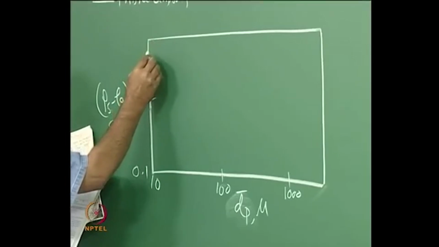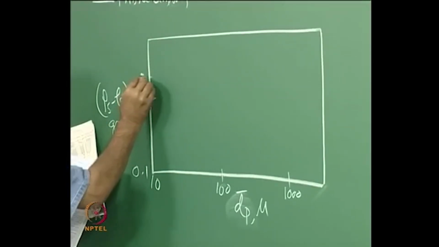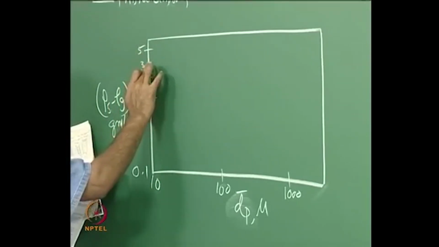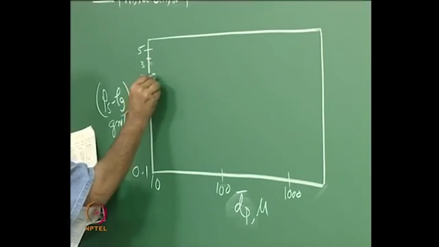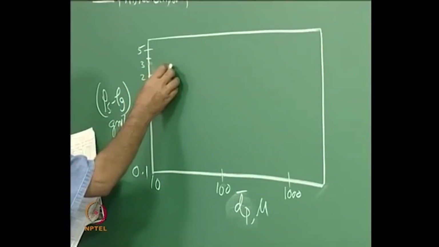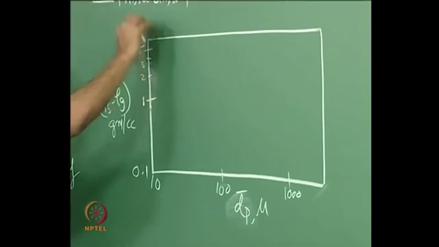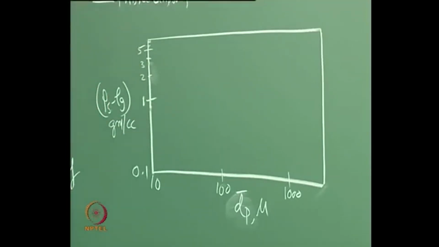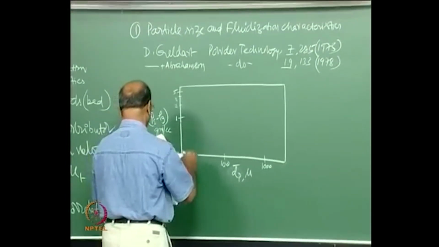So, okay, this may be 2, 3, 5, normally it decreases, no? Yeah, okay. Log scale, initially this one will be larger, then smaller, like that it goes. Actually, it will be 6, 7, like that. Okay, good. So, this is the scale what we have, and then they put their data in this format.